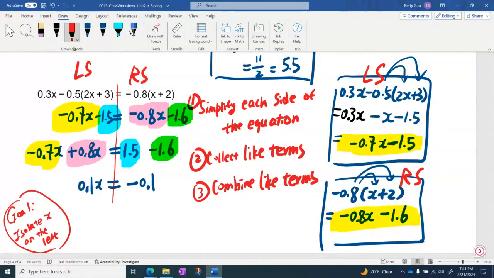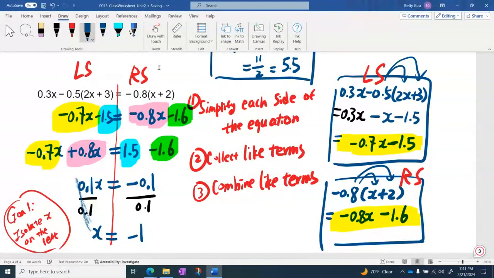All right, last step. And we divide each side by coefficient 0.1, 0.1. And the 0.1 cancel, 0.1 equals 1, right? Yeah. Coefficient is 1, then we only have x on the left, then x is isolated. On the right, we have what?